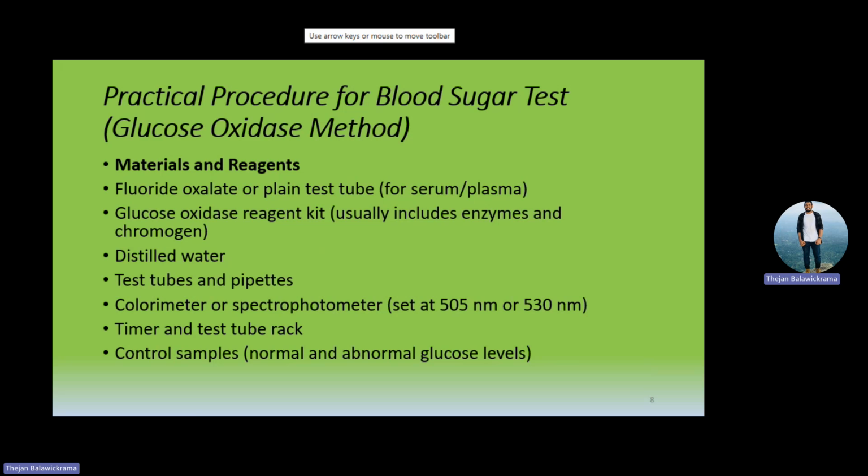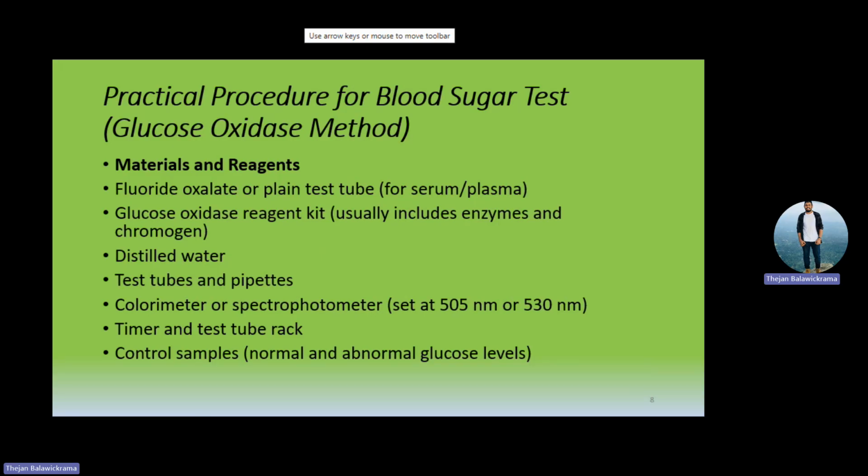What is this glucose oxidase reagent? We are testing for glucose. Glucose can be oxidized. We oxidize glucose and find out how much reagent was required for the oxidation process. Only then do we find out the content of the sugar inside.